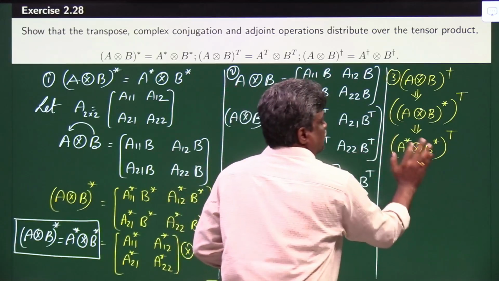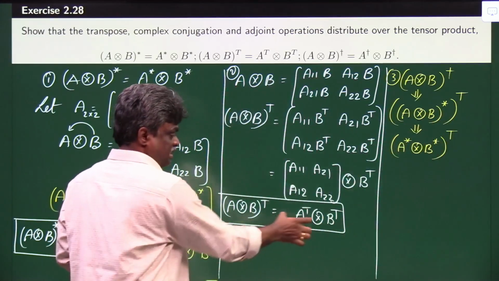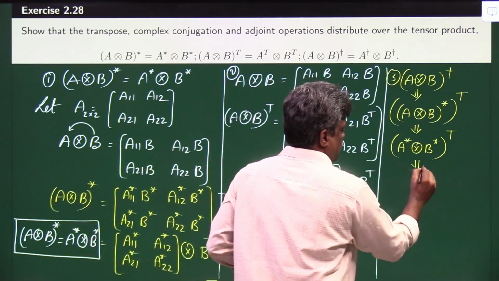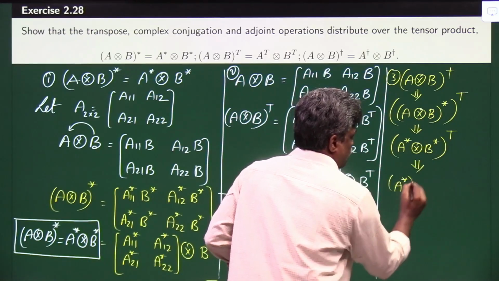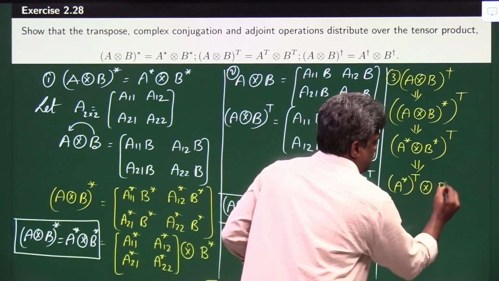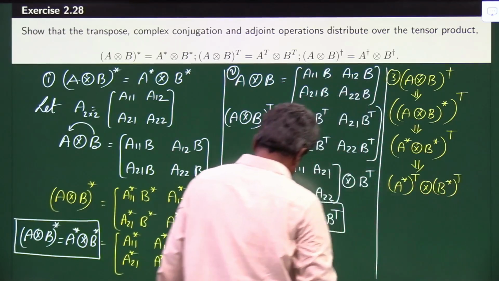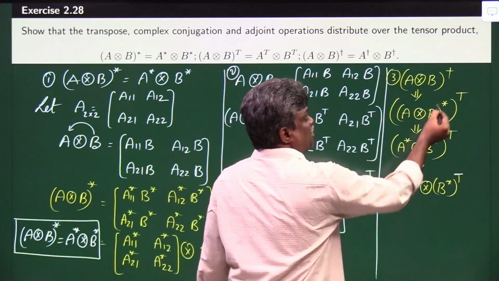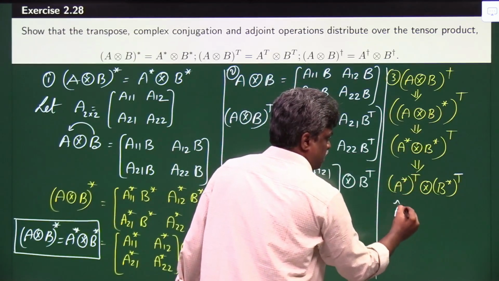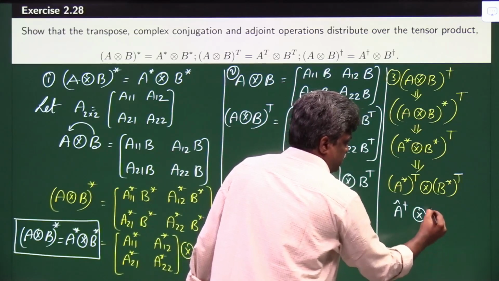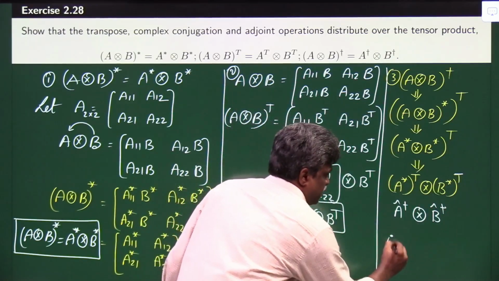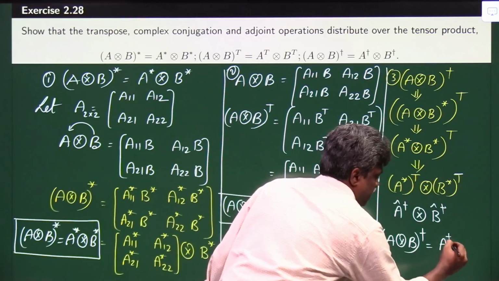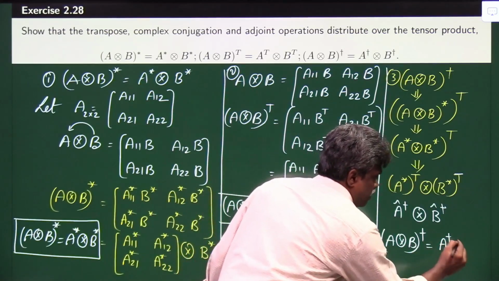Now this is something tensor something whole transpose, which is nothing but the tensor product of individual transposes. So which is nothing but A star whole transpose tensor B star whole transpose. Now again I am using the definition of dagger, which is a transpose of complex conjugate, which is nothing but A dagger, and this is nothing but B dagger. So finally we can say A tensor B whole dagger equal to A dagger tensor B dagger.